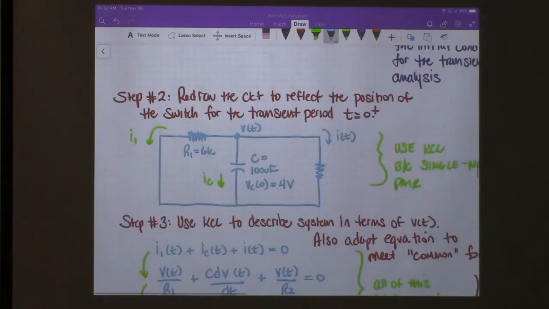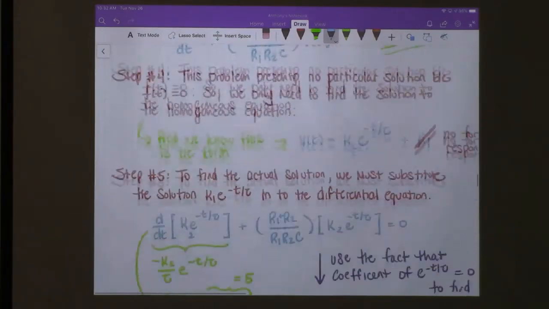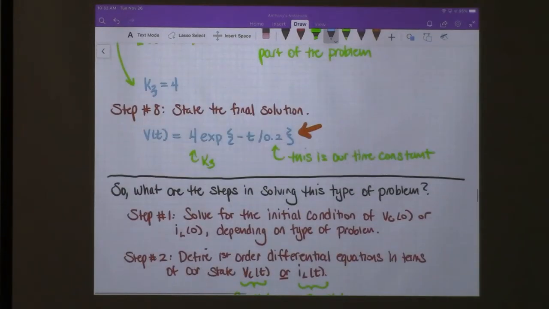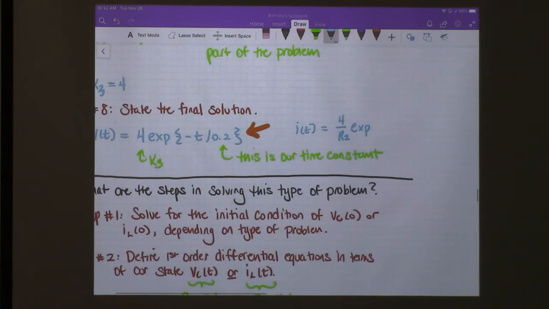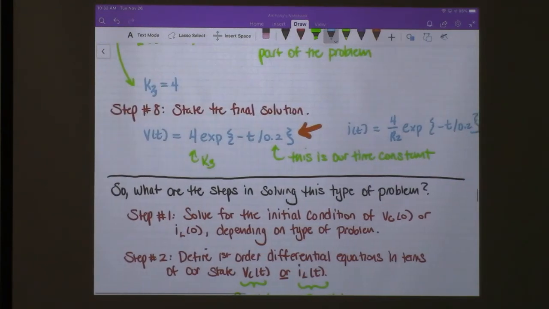It would simply be whatever V of t is divided by R. So we could write it: I of t will be equal to 4 over R2 exp negative t over 0.2. Ohm's law applies regardless. It has nothing to do with the transient.